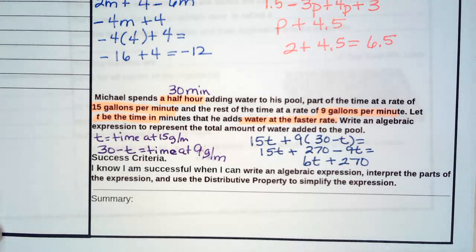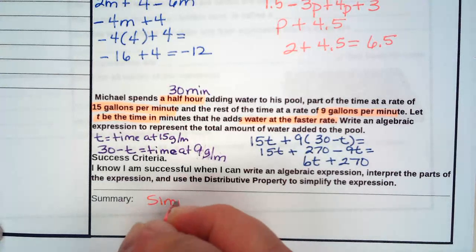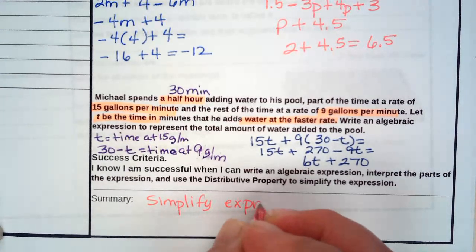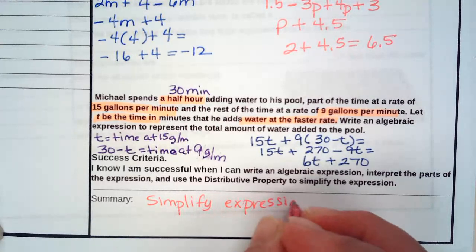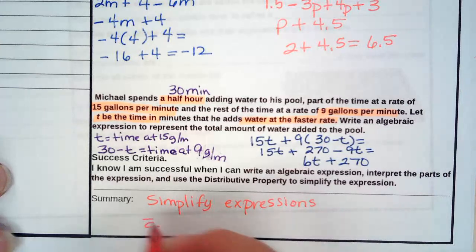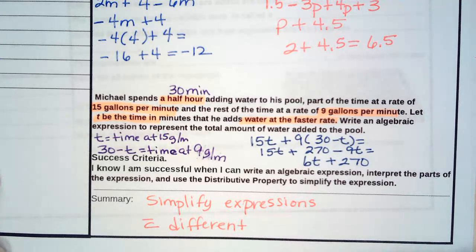Well, I might put something as little as simplifying expressions. And then I might put with different variables, with different amounts.